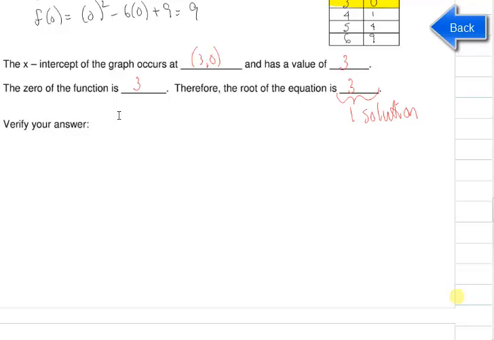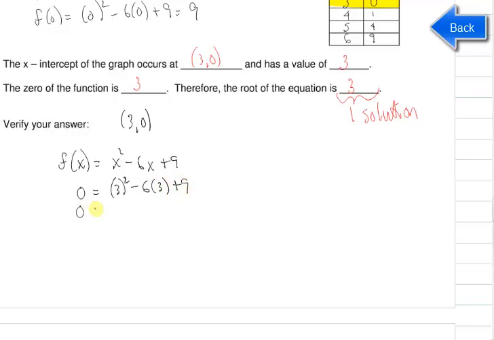You also want to verify your answer. So we got an answer of 3 and 0. So we're going to take our function, f of x is equal to x squared minus 6x plus 9. We're going to plug in 0 for y, and if you recall, f of x is our y coordinate, so we're going to plug in 0 there. And we're going to plug in 3 for x.